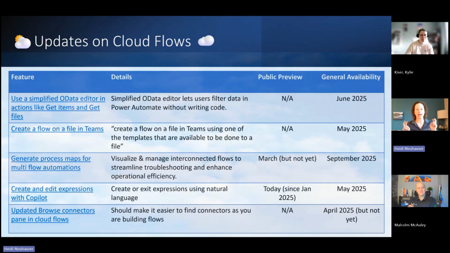It says, create a flow on a file in Teams using one of the templates available to be done to a file. Does this mean that we have a new template? And if so, why is that release notes worthy, right? Like, new templates just pop up. What are your guys' thoughts on this? What do you think this is about? And where?